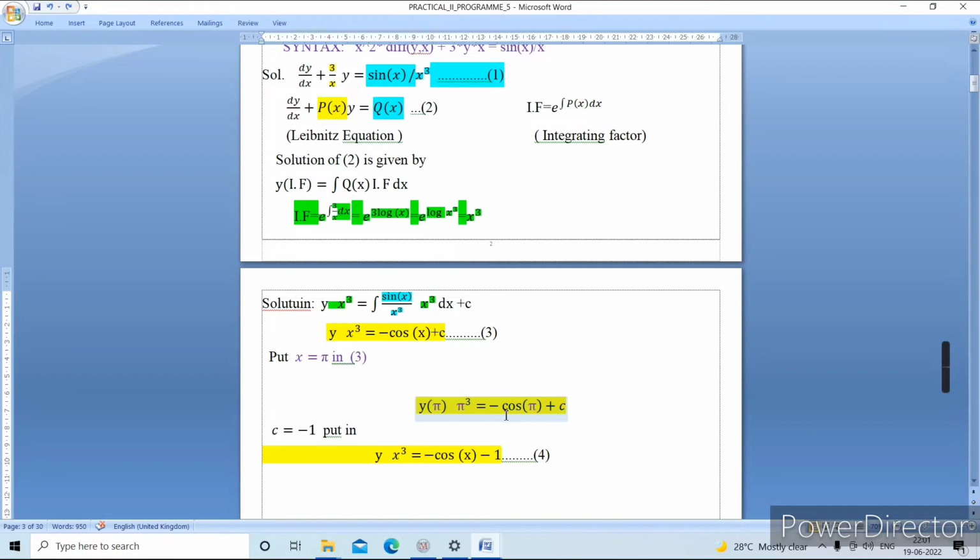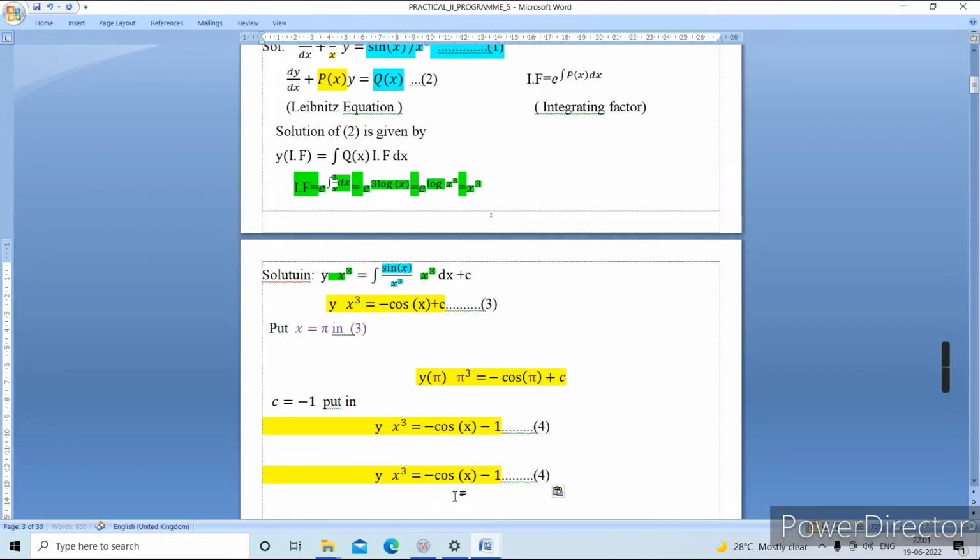Now put this value of minus 1 again in equation 3. I obtain the particular solution for this equation: y x cube is equal to minus cos x minus 1. You can take the minus outside.